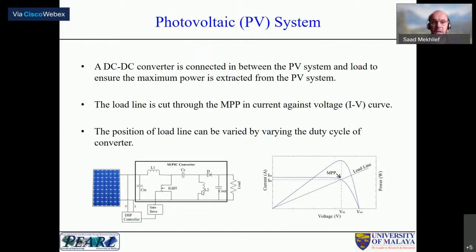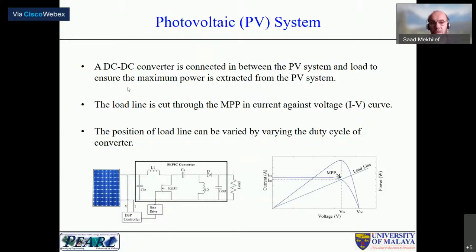So what actually are photovoltaic systems? Photovoltaic systems consist of the PV panels, and then you have a converter, which is a DC-DC converter. This is a cyclic converter in this case, and then we have the load. The load can be either a DC load, which can be a DC motor or lights, or it can be an inverter, and that inverter will be connected to the grid or to the AC loads.